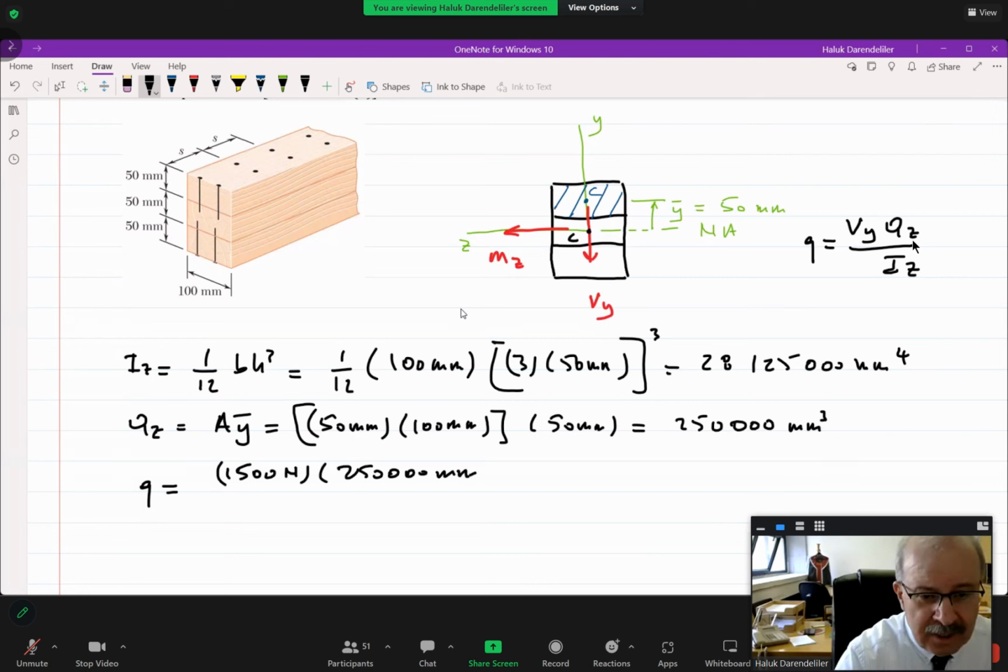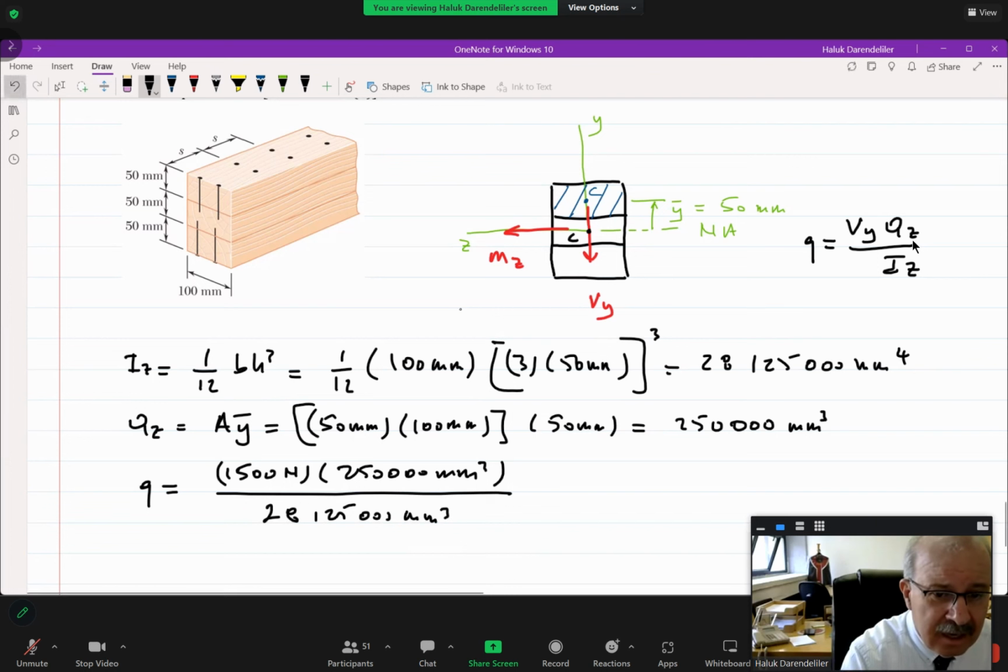And now I am dividing it by the moment of inertia, which is 28,125,000. So what I get is the value of q. Remember, it is shear force per unit length. It is 13.33 newtons per millimeter.